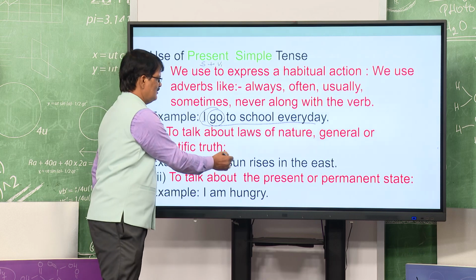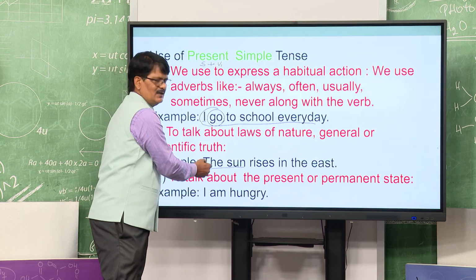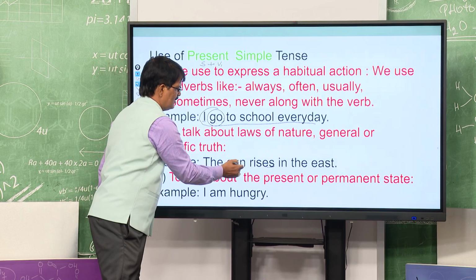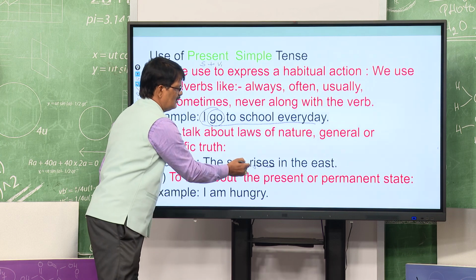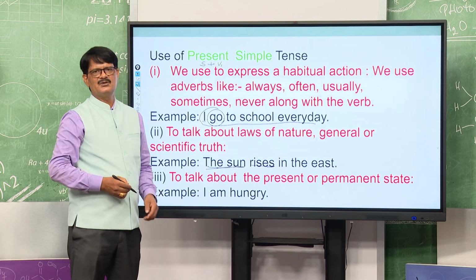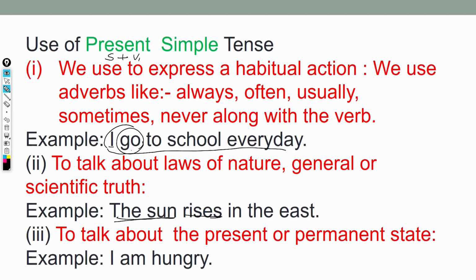How is it present simple? The subject sun is there and the verb rises is also there. And the next one: to talk about a present or permanent state. I am hungry. My father is a farmer. These are the examples we can take for the uses of the present simple.